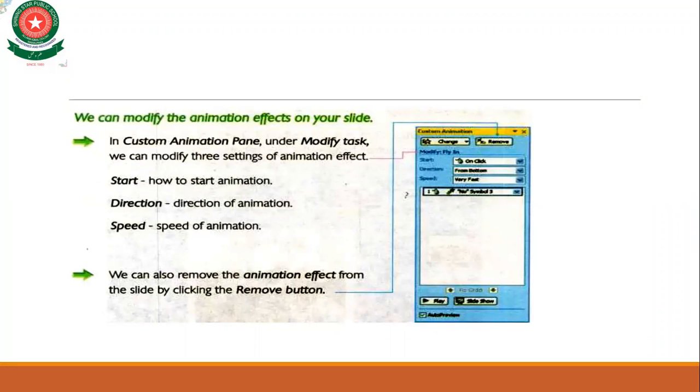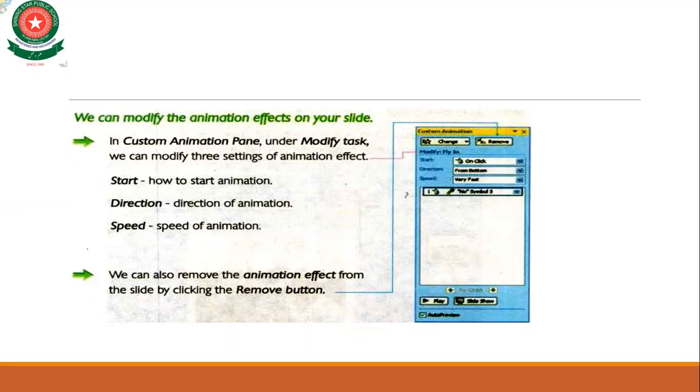Now we can modify the animation effect on our slides. In the Custom Animation pane, under Modify, we can modify three settings of the animation effect. Number 1, start: how to start the animation. Number 2, direction of animation: left to right, top to bottom, bottom to top, or right to left.